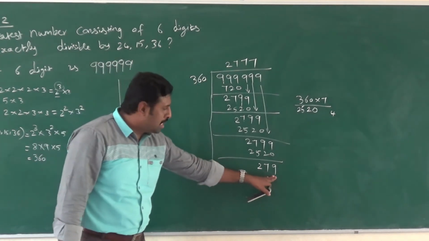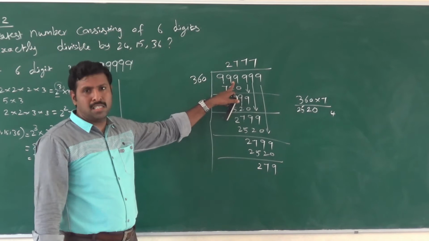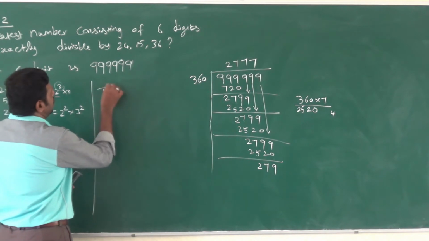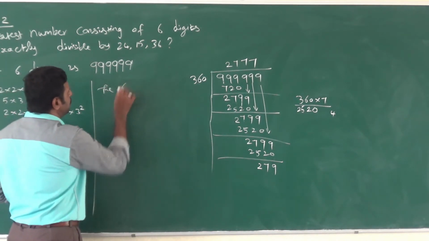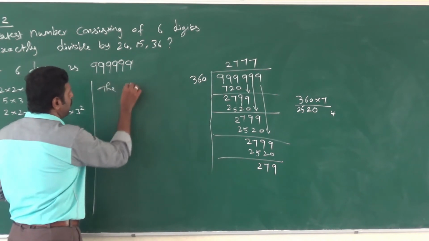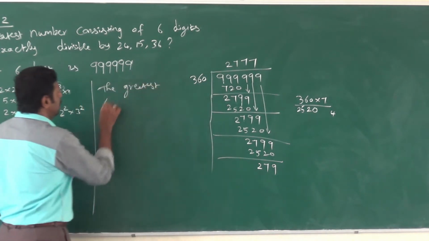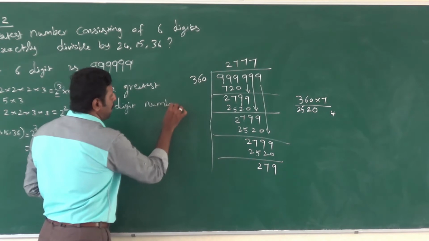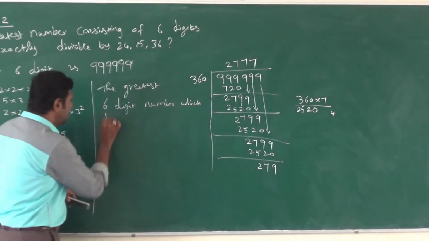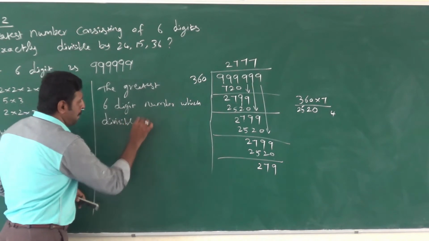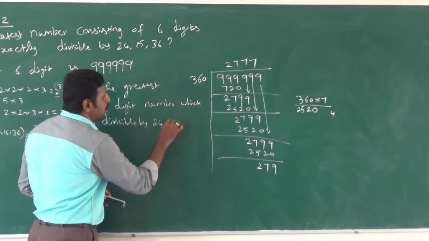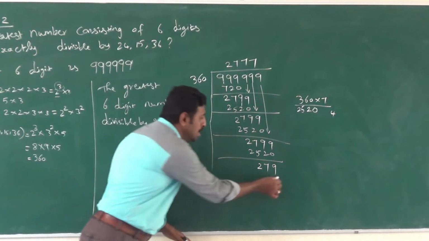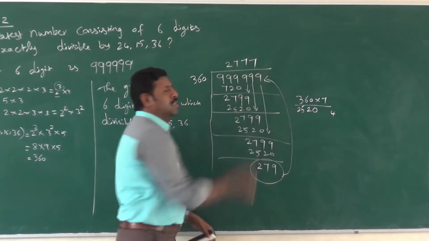So 279 should be subtracted from the greatest 6-digit number. The greatest 6-digit number which is divisible by 24, 15 and 36: we have to subtract this remainder from the 6-digit number, right?